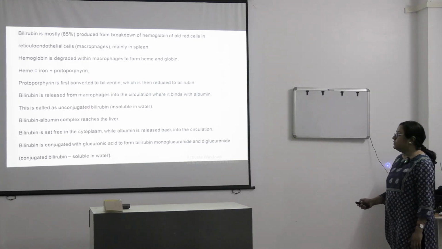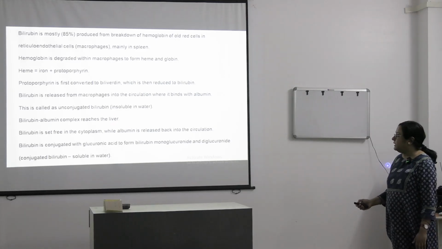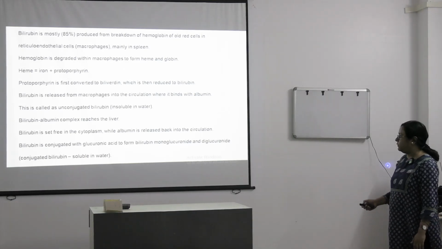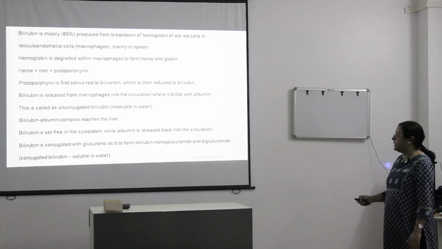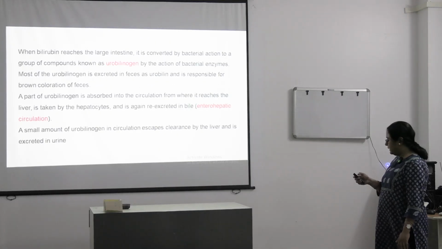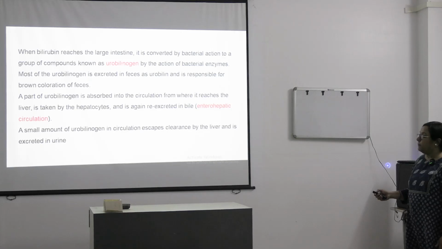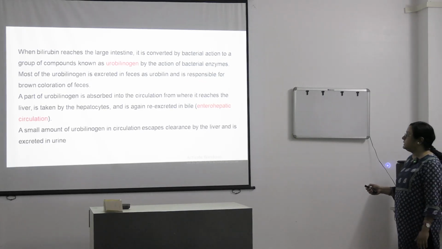This is unconjugated, that is insoluble in water. When it reaches the liver, the bilirubin is conjugated and this is soluble in water. So, you remember that conjugated bilirubin is soluble in water and unconjugated bilirubin is insoluble in water. When it reaches the large intestine, it is converted to another compound called urobilinogen by the action of bacterial enzymes.